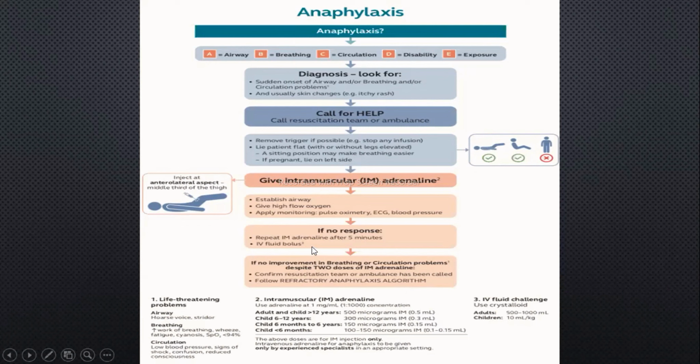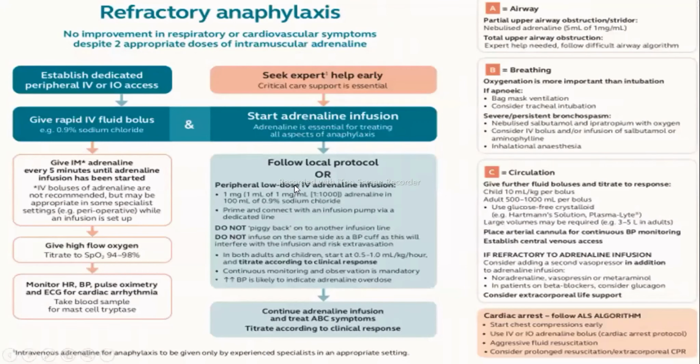It's not used anymore. If the patient is not responding, it's called refractory anaphylaxis. You can repeat adrenaline every 5 minutes, and also continue oxygen, fluids, and everything as required.